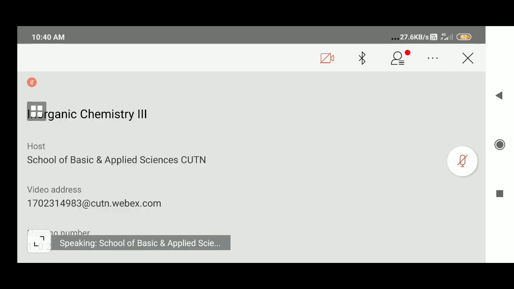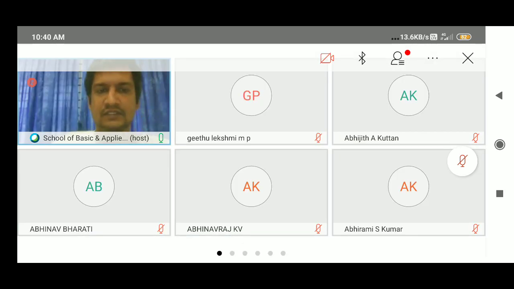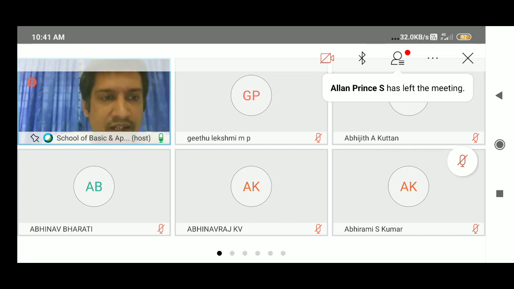Okay, so where are we? Yes. So now we have seen two examples. In both examples, we are able to understand how we can draw or construct a Latimer diagram.